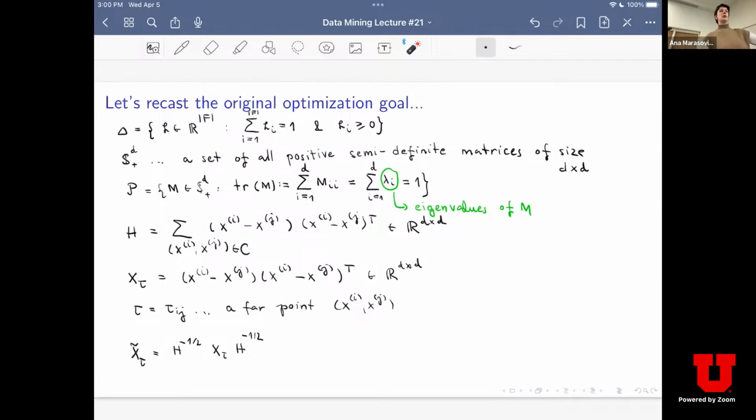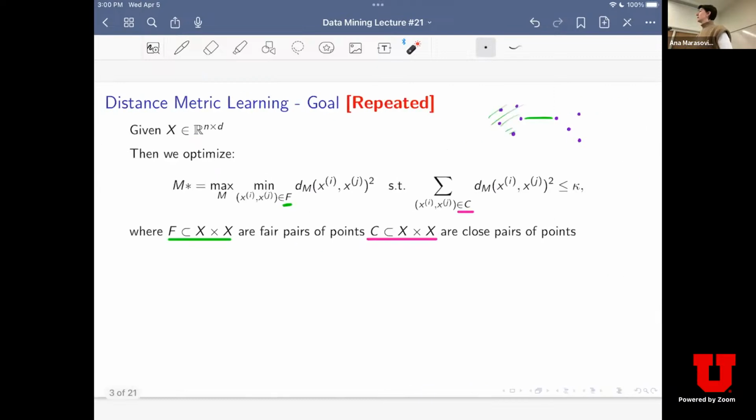Any question about this stuff? Yeah. C is a set of close points. So we have our data set, some are far, some are close, and these are the ones which are going to be close. Right, so we partition our data set into F and C. We want to learn a metric where, when we calculate distances between close and far, however we define what's far and close, this whole thing will be preserved.